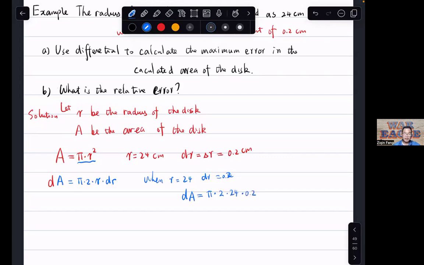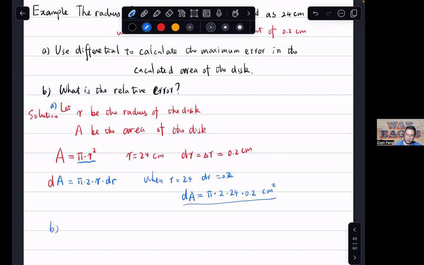So that's basically centimeter cube. That's a possible error if you use differential to estimate the error. This is the possible maximum error in the calculated area, our part A.